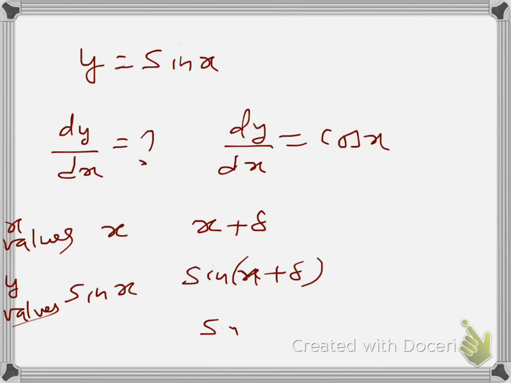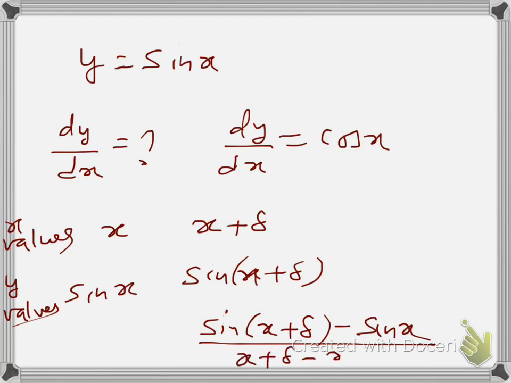So sin of x plus delta minus the old value sin x, by change in x, x plus delta minus x, that is change in x. If you simplify, it will be delta only. And that change in x, or delta, must go to 0. You have to calculate this. That is giving you dy by dx of the function y equal to sin x, the growth rate for y equal to sin x.